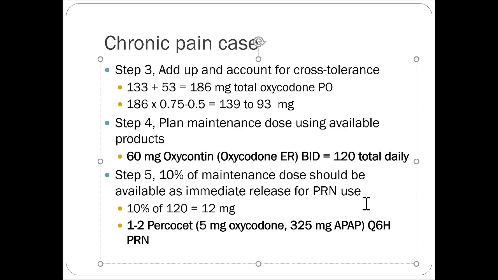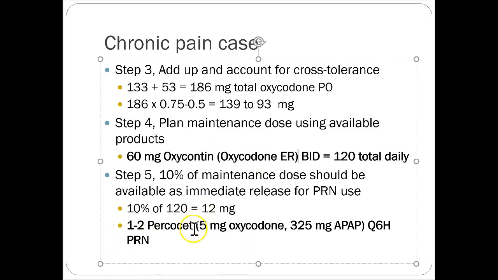As far as the as needed emergency use that goes on top of the maintenance long acting, just remember that it's an as needed option, and I'm not going to test you specifically on what exactly 10% would be, because it'd be impossible to get somebody exactly 10%, and you aren't assuming they're going to use exactly 10% every day. They might use way less, they might use more, and again, that's how we assess how effective our baseline regimen is.